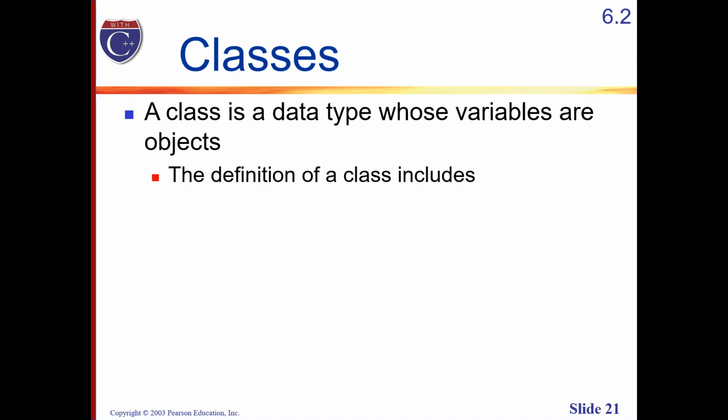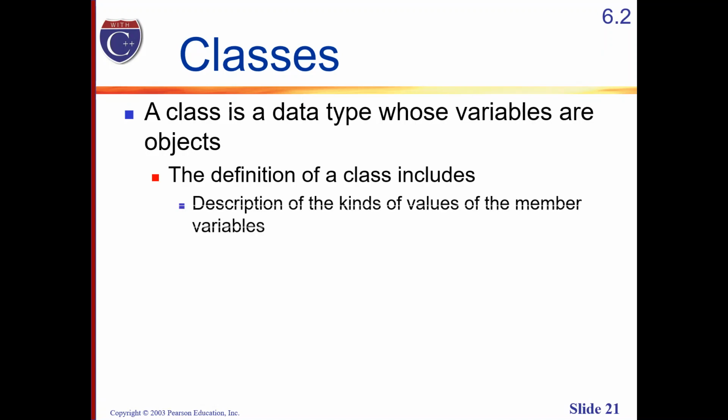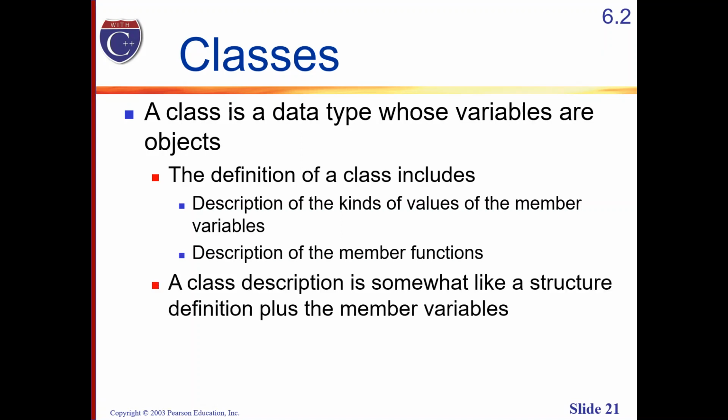First, a class must have a definition which includes a description of the kinds of values of the member variables, and a description of the member functions. A class description is somewhat like a structure definition plus the member functions. Again, when we talk about classes in C++, we talk about, for example, an instance of a class, or shall we say an object, which contains attributes or properties.